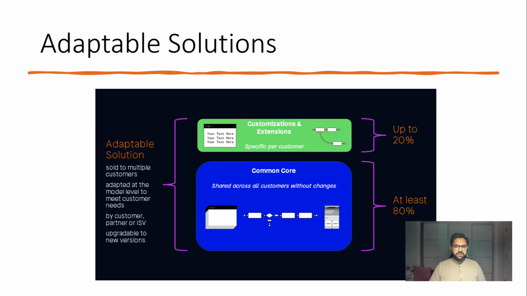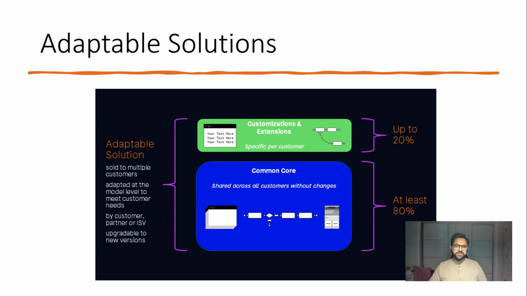On the technical overview side, what's adaptable solutions? Adaptable solutions is nothing but what we had seen in the last video, that is the Mendix ISV, or a commercial solution. So what is an adaptable solution?